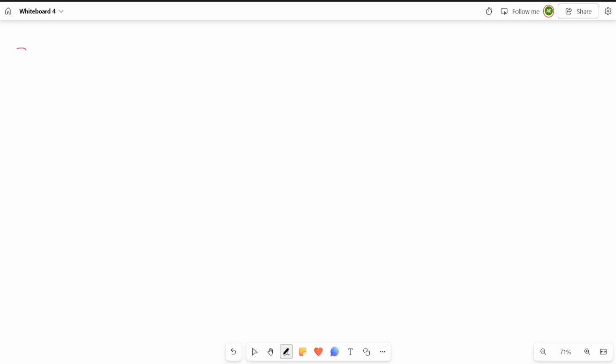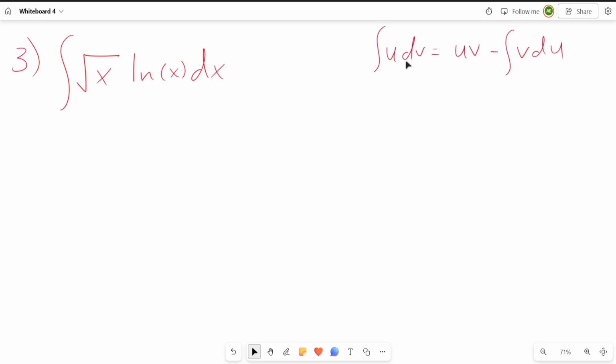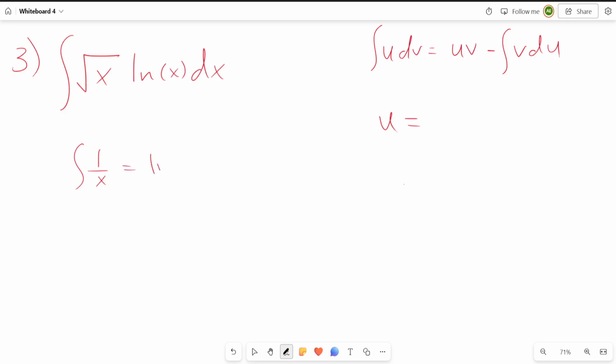Let's take a look at another example where we have integration of square root of x multiply ln of x dx. Again, I'm going to paste this over here. Okay, let's choose our u and our dv. So first of all, I know that the integration of 1 over x is ln x plus c. That makes the differentiation of ln of x basically 1 over x.